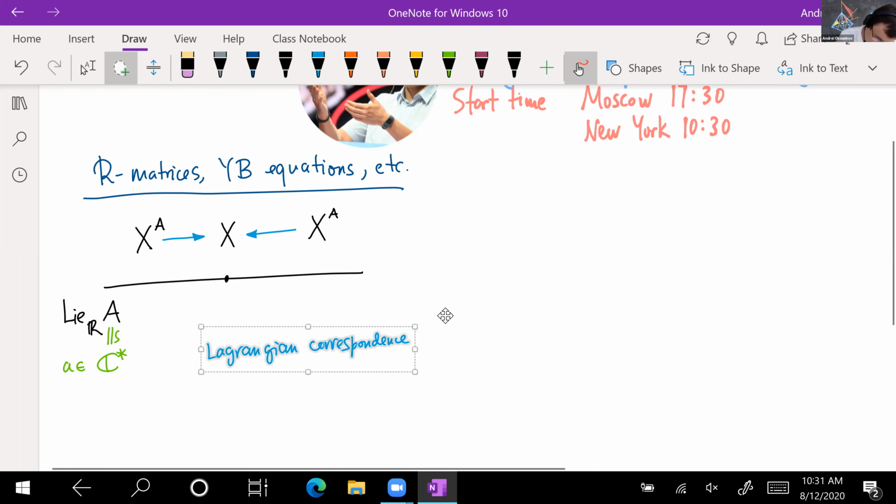I have my... maybe I'll just draw the triangle. Now again, for every piece of my picture, I have my X here.